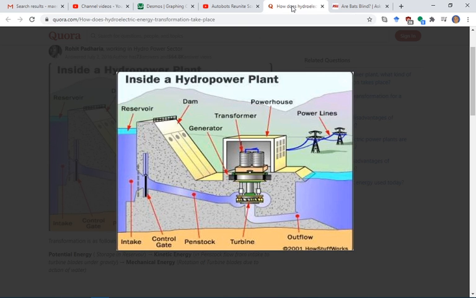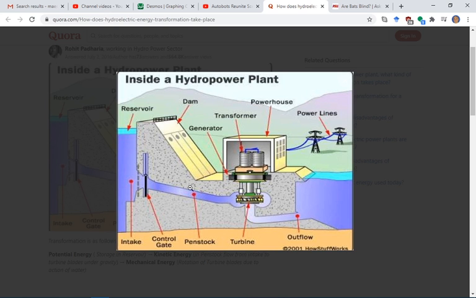So if you go look at where your electricity comes from, typically in many cases it's a hydroelectric station somewhere that's providing you with electricity. So you have water behind the dam. This water has potential energy.